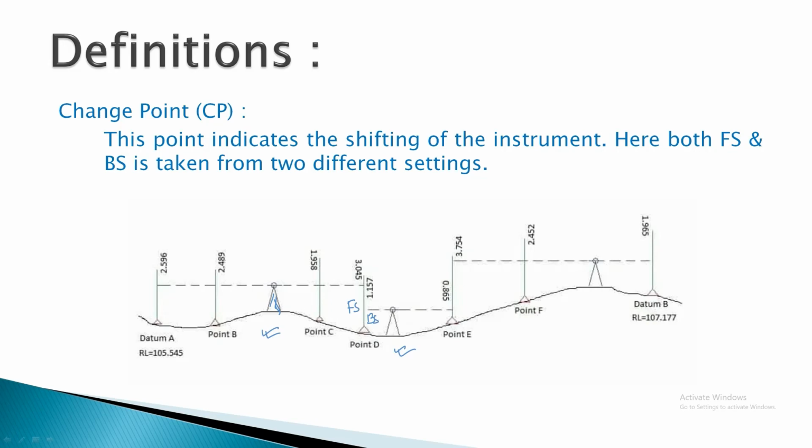Similarly here, this is the foresight reading for this instrument station, and it will be a backside reading for the next one. So these 2 points are the change points, point D and point E, where both backside and foresight readings are taken from two different settings.